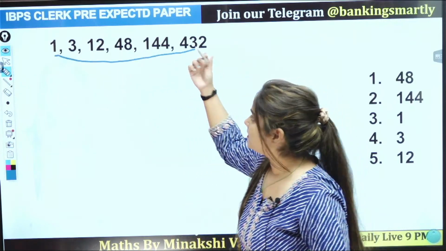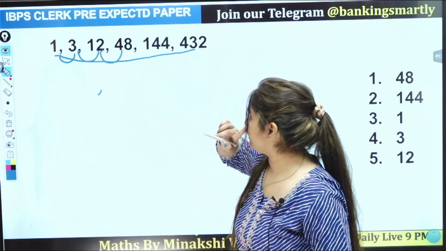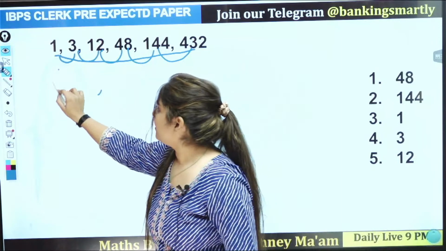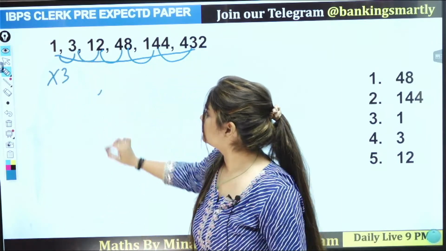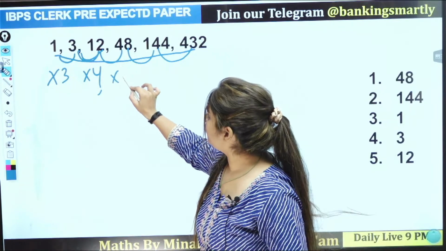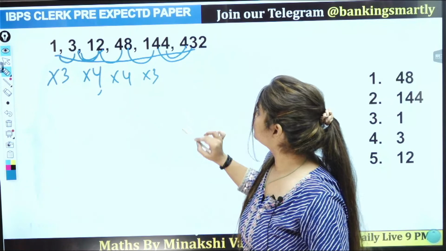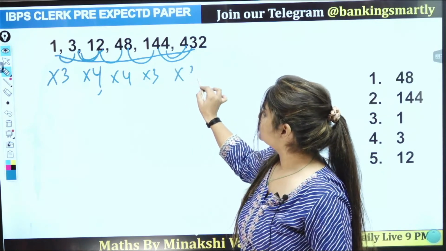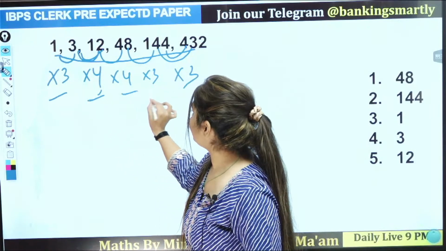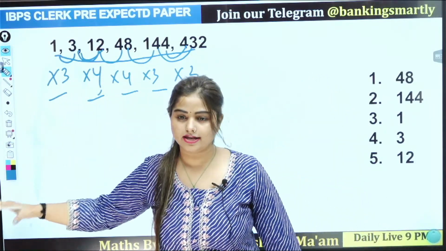Okay, here is what we have now. You can see the rapid increase. Here is 3, here is 12, here is 48, and these all are multiples. How? 1 into 3 is 3, 3 into 4 is 12, then into 4, into 3, into 3. So we can do alternate multiplication with into 3 or into 4.